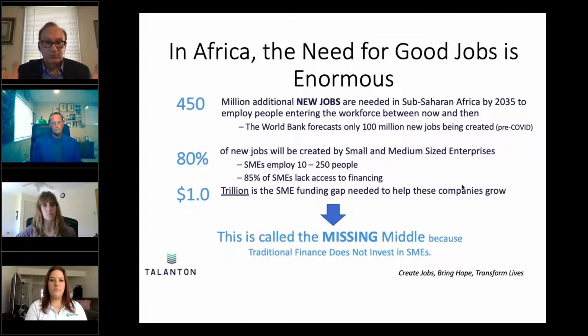The only way people get jobs in our country and in the developing world at scale is through small, medium enterprises. These are companies that employ between 10 and 250 employees. Those are the job creation engines. And guess what? With a job, you have an income, with income savings, with income, kids in school, better water, better housing, access to electricity, those sorts of things.